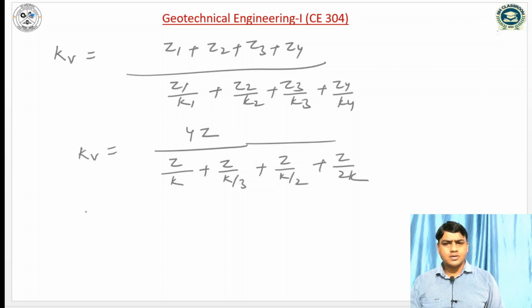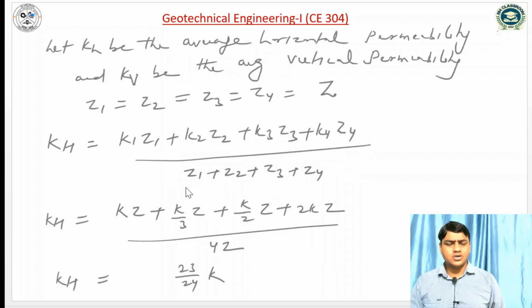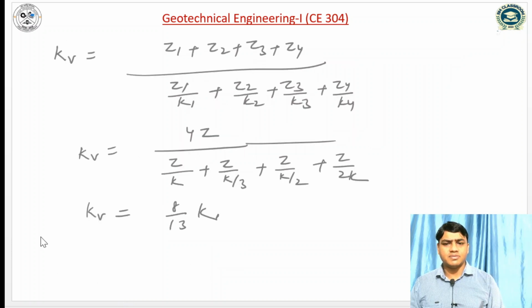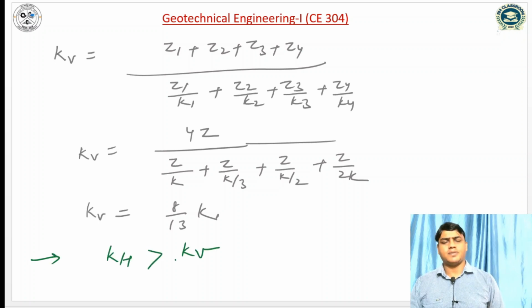So the vertical permeability will be 8 by 13 into K. So we can see here also, I told you that horizontal permeability will always be greater than the vertical permeability, and we can see that. So here we can write horizontal permeability is greater than vertical permeability.